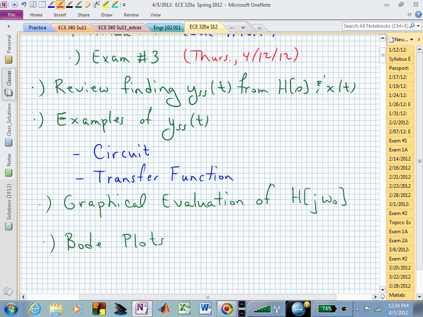And if we want omega naught equal to 1 radian per second, we go up to J1. If we want omega naught of 4 radians per second, we walk up to J4. And from that vantage point, we look at how the poles and zeros contribute information to us, and that will give us actually a way of calculating this complex number, H of J1, H of J4, depending on omega naught.